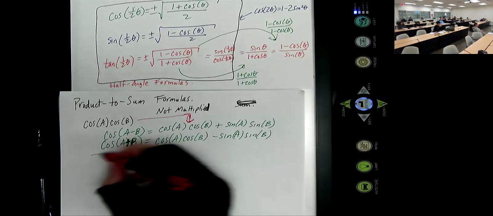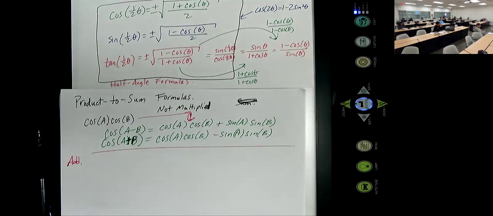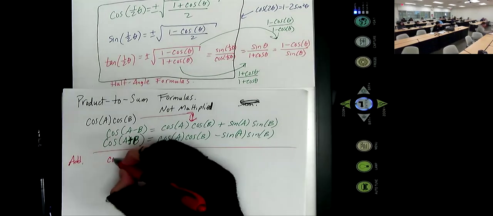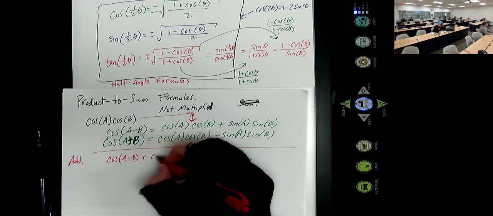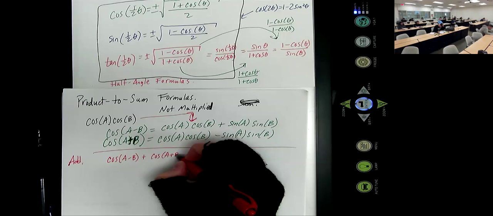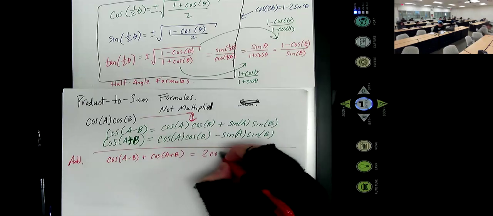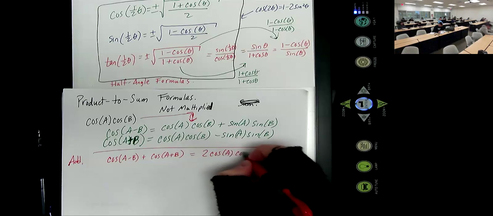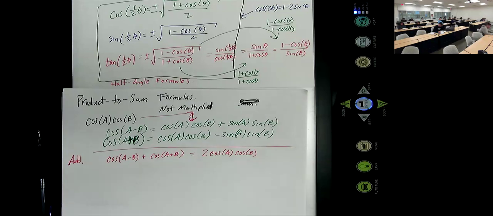So what I'm gonna do is add. On the left side, I have cosine of A minus B plus cosine of A plus B. On the right side, I get 2 cosine of A, cosine of B. And the signs cancel out, right?